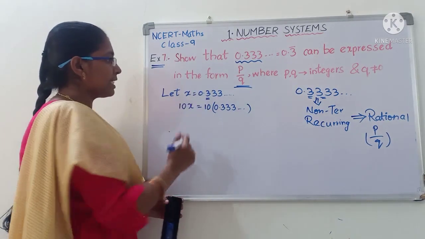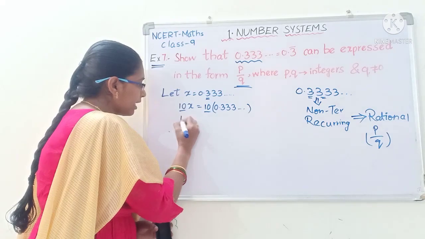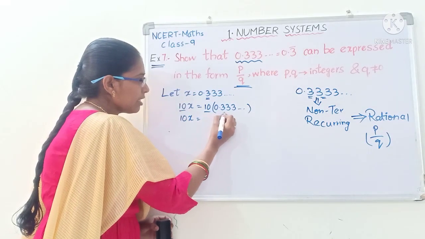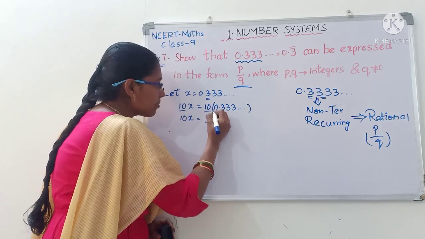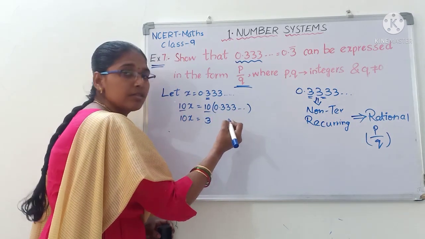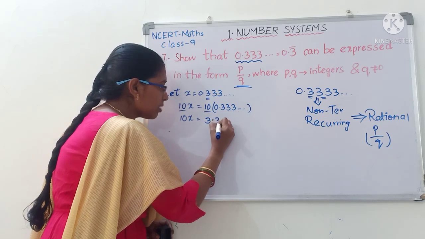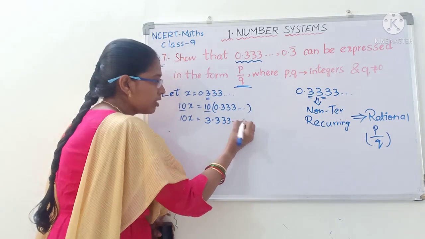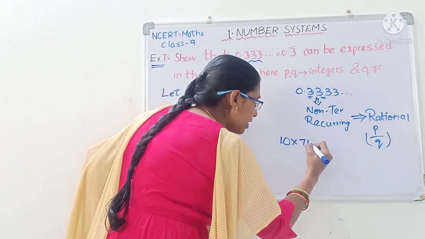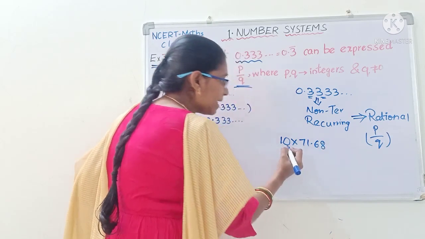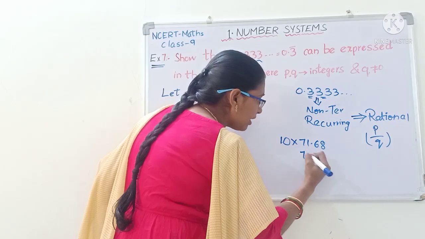If you do it in this way, the problem can be solved easily, children. So here only one digit is repeating. We multiply both sides by 10. 10x is equal to, what is 10 into 0.333 and so on? You know easily, children, the decimal point moves one digit to the right. 10 into 0.33 is 3.33 and so on. See children, 10 into 71.68: we are multiplying by 10, so the decimal point will move one digit to the right.